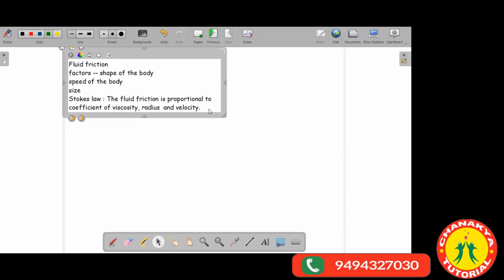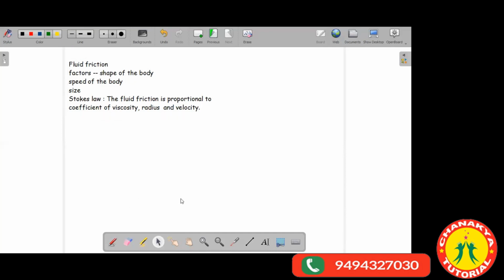Here we consider the motion of a ball through air. Suppose we have a ball being dropped through air. When the ball passes through the layers of air, it experiences a backward dragging force. The ball is moving in the downward direction, and this is the direction of motion.